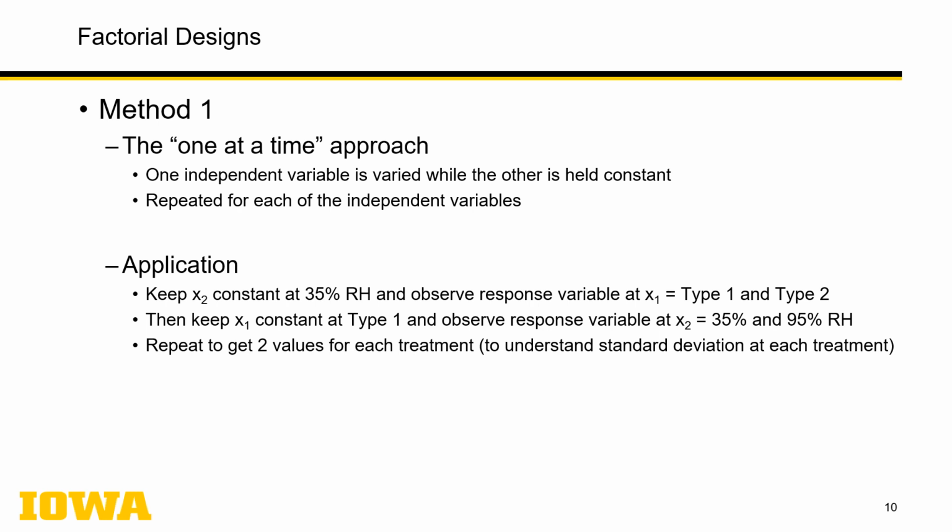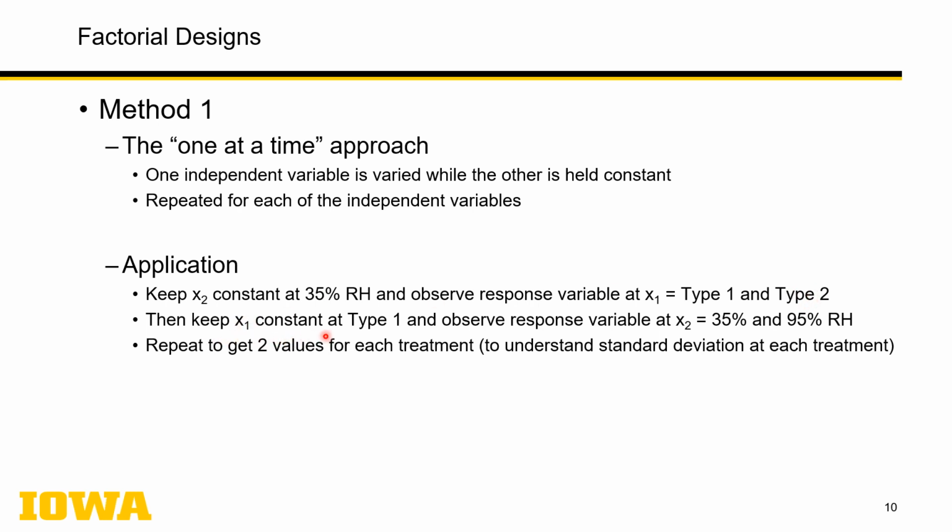So for example here, we're going to call RH x2, hold it constant at 35%, and observe what happens when you apply 35% to respirator type 1 and respirator type 2. Then you're going to flip that around.